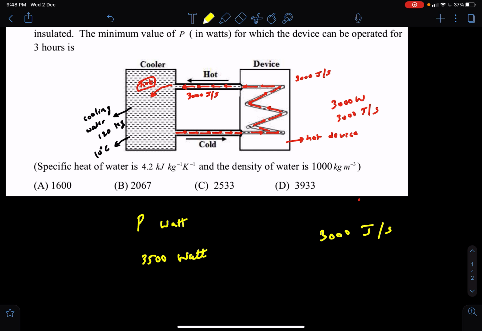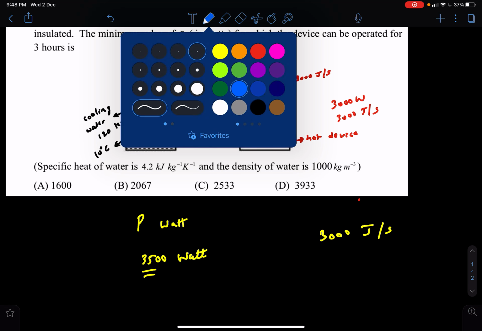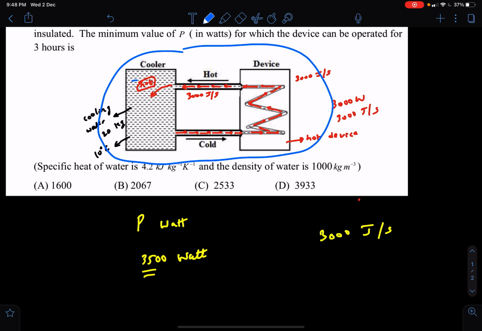And what is the heat which is extracted from the water? 3500. So if you take this entire water as a system, which was initially at 10 degrees centigrade, it is gaining 3000 joule of heat from the device, and it is losing 3500 joule per second through the cooler. So there is some cooling mechanism which is not shown, and that mechanism is cooling the water inside the cooler and taking away 3500.